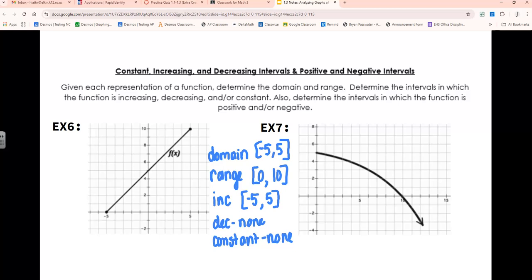And then positive or negative. So that's the one we haven't looked at yet. Positive is above the x-axis. Negative is below the x-axis. Is this graph ever below the x-axis here? It is not. Now, this one is just a teensy bit different. It is definitely positive all here, right?